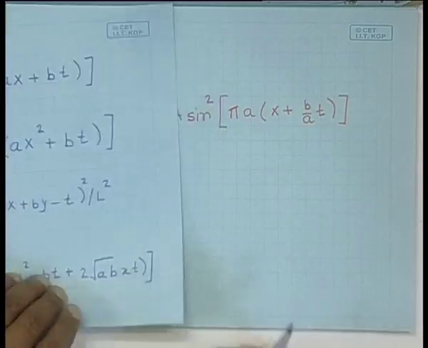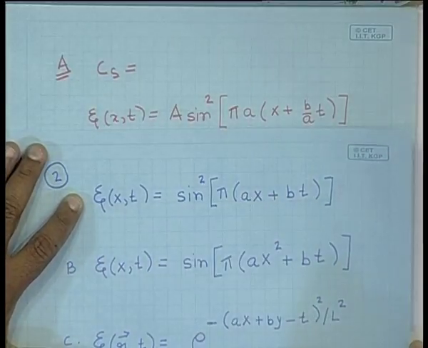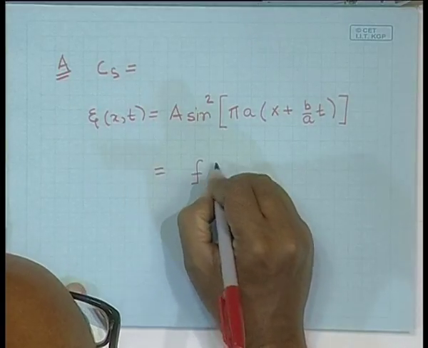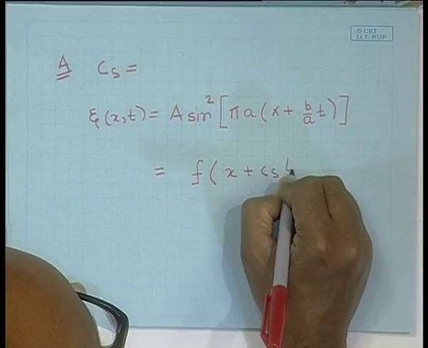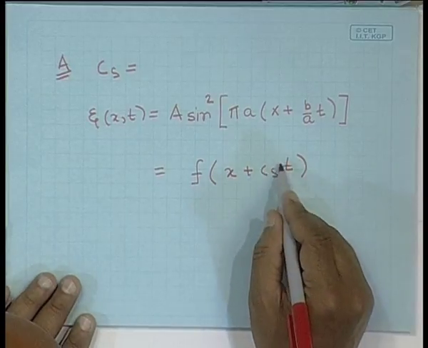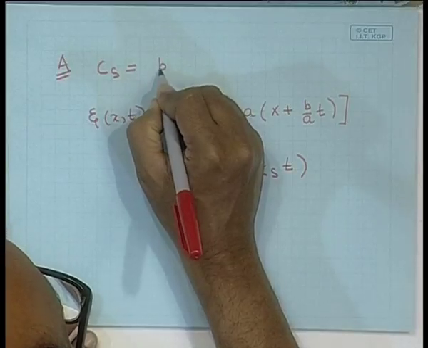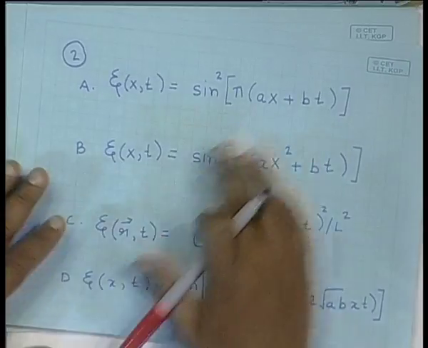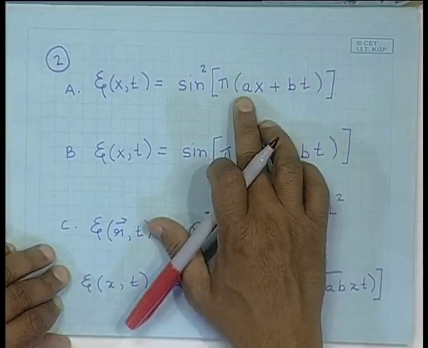So, this is the same function as the one which we have been given, and you see that this is of the form where it is a function of x plus the speed of the wave into t, where you can easily identify what Cs is. Cs is the ratio of the constants b by a. So, this does represent a travelling wave, and the wave speed of the wave is the ratio of b by a.